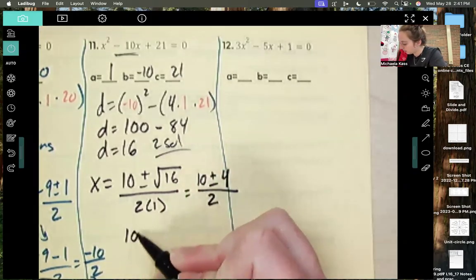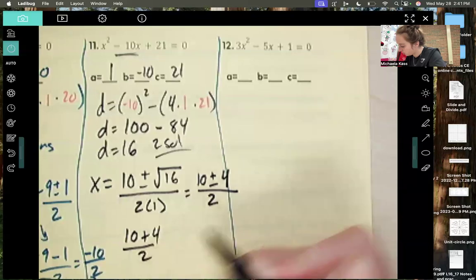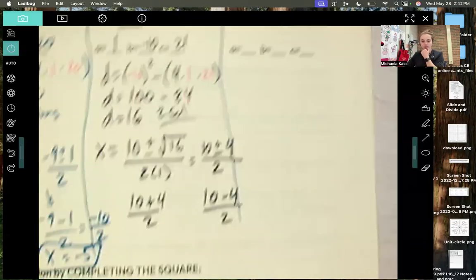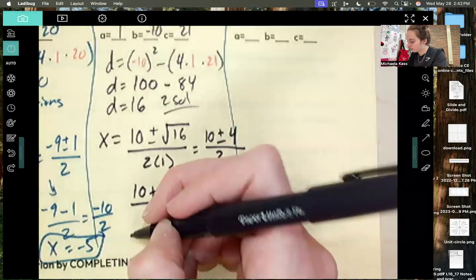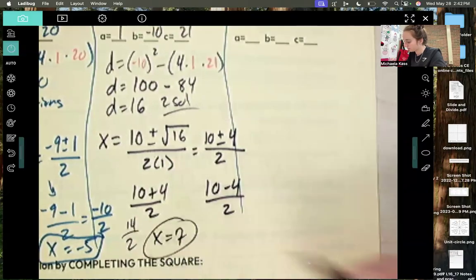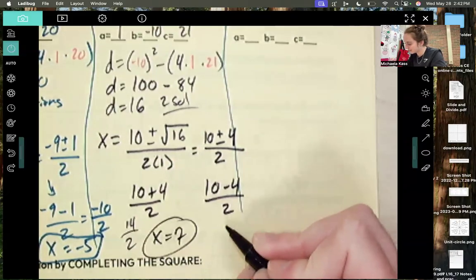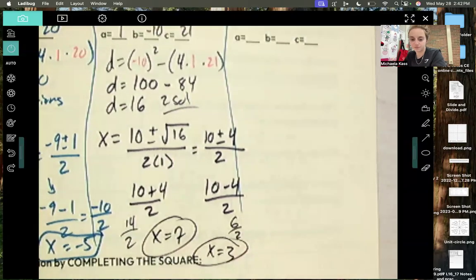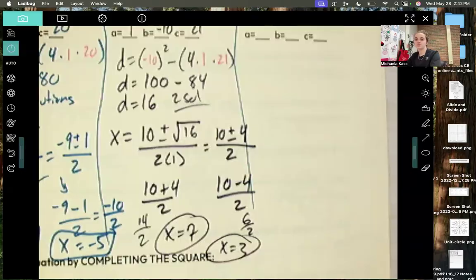You got one that says 10 plus 4 divided by 2, and you have one that says 10 minus 4 divided by 2. Do the top first. We got 10 plus 4, that's 14 divided by 2, 7. 10 minus 4, you got 6 divided by 2, that's 3. And all done.